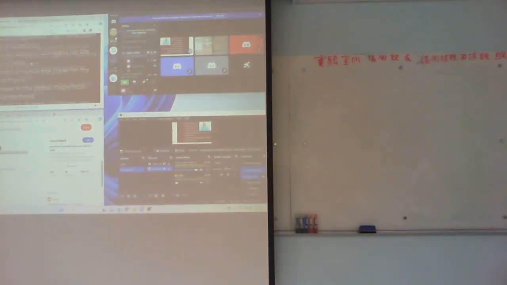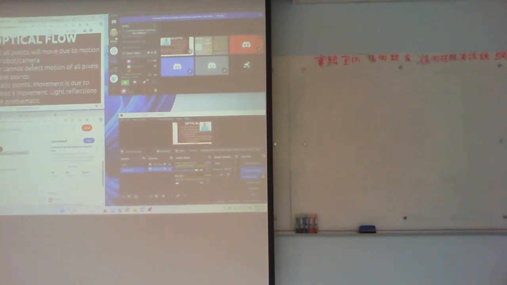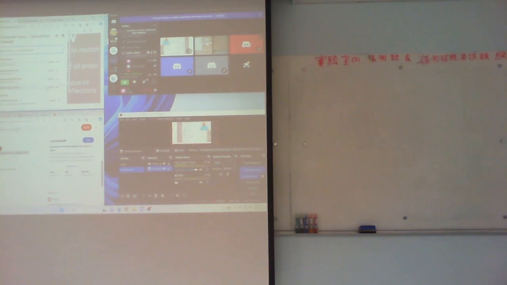Now in this case, the points will move due to the motion of the robot or the camera. Right? There was nothing in that image that actually moved, so you can watch it yourself.